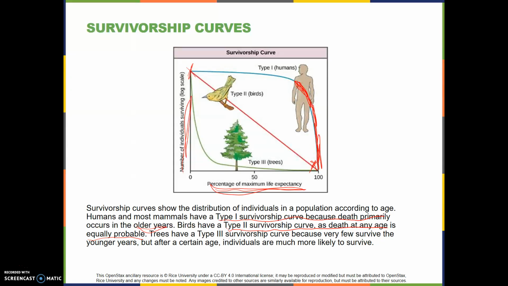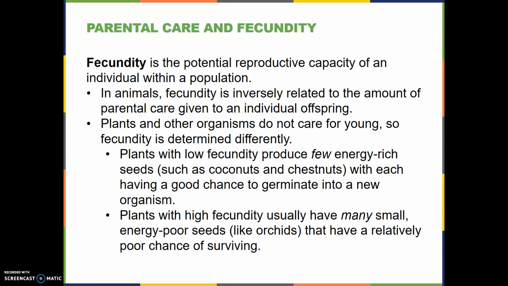And then type 3, very few survive the younger years. So that would be like, here it says trees, but like little seedlings, very few actually survive and grow into a tree. Fish are the same way. Sea turtles are the same way. So these are the 3 survivorship curves.